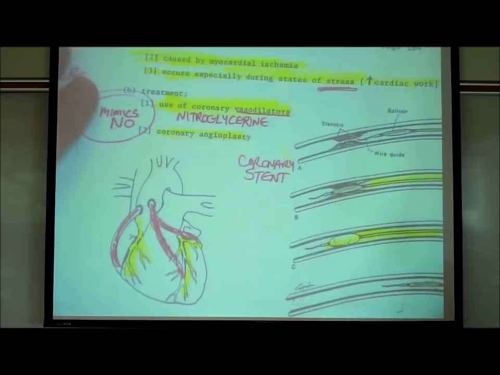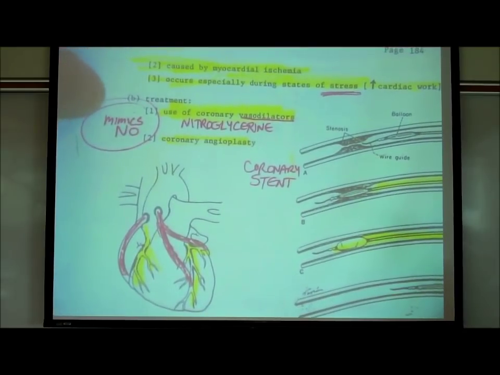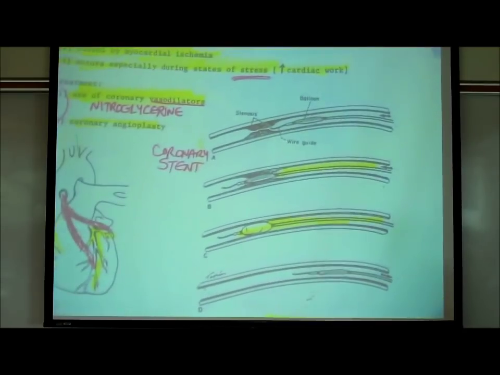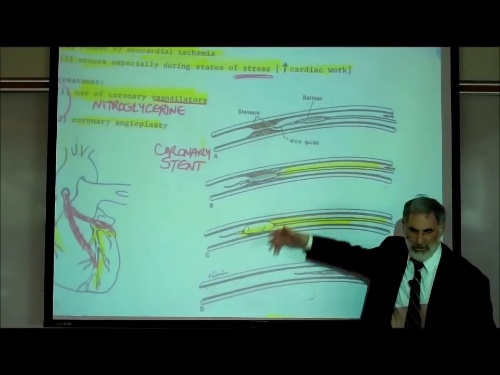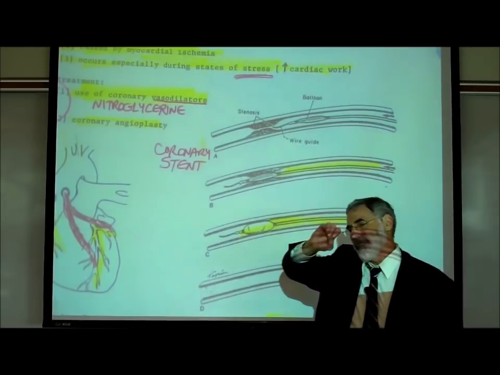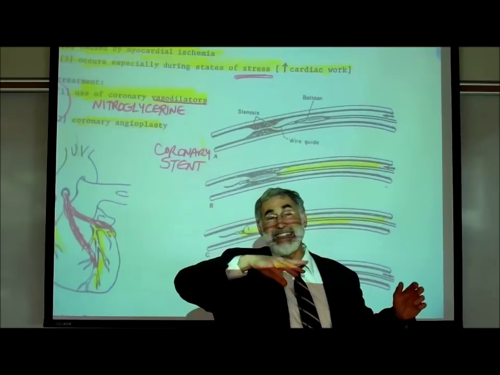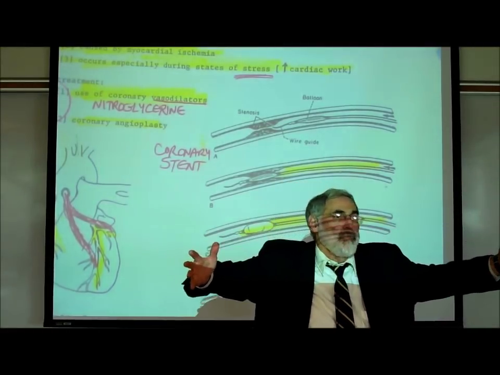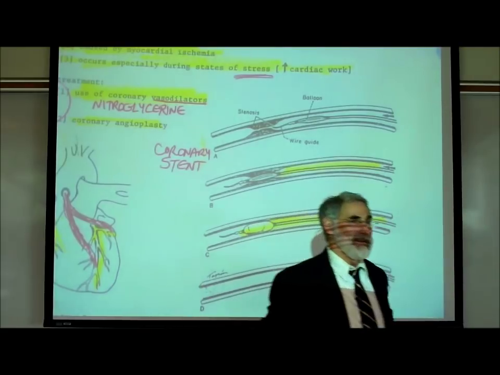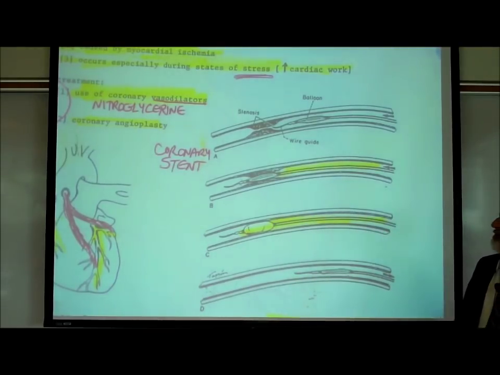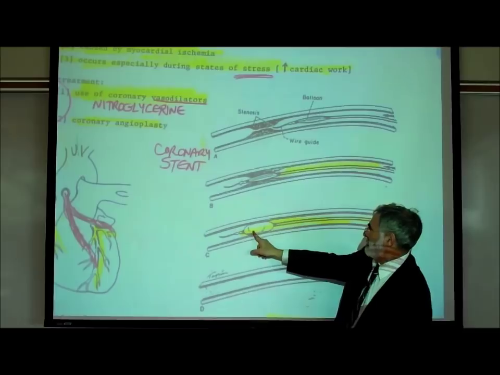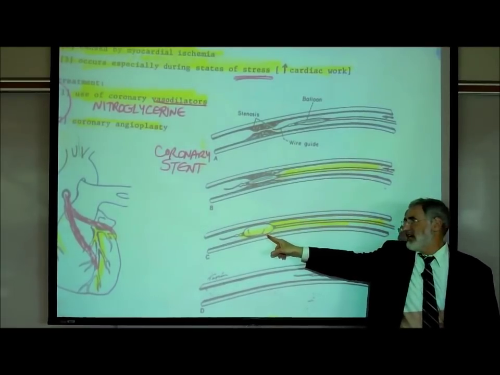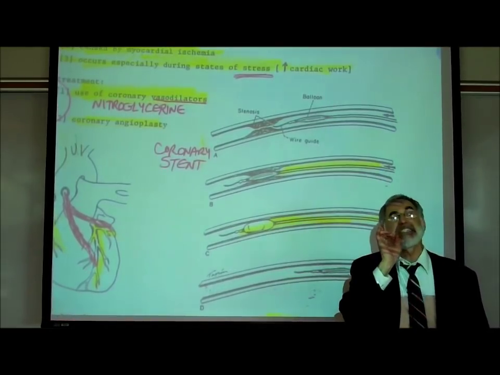So another method that's commonly done is coronary angioplasty. Angioplasty is where they insert a catheter into the clogged up coronary artery and they inflate a balloon. That doesn't get rid of the fat. All it does is push the fat harder against the side walls to open up the lumen more. One of the newer methods is to, after they inflate the balloon, which is shown right here, they insert a stent.